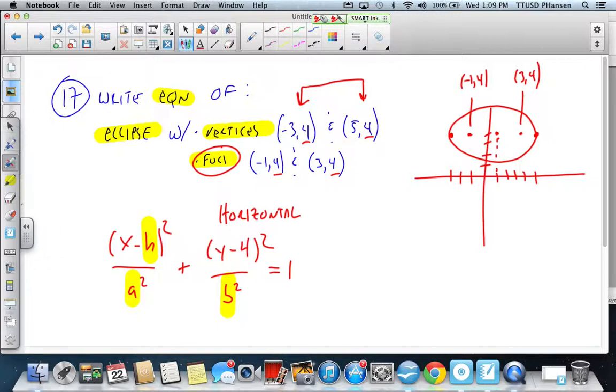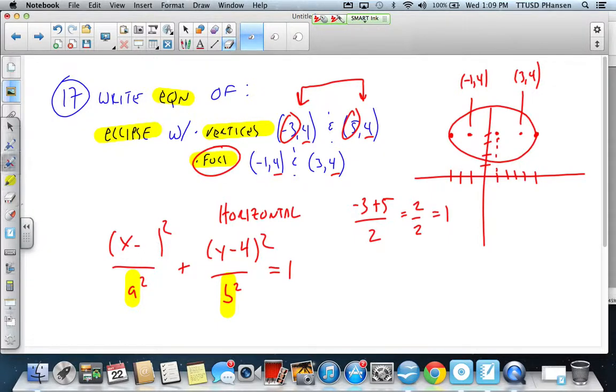And then, how do I find halfway between the two x values, -3 and +5? I could add them and divide by 2, or I could just count from a picture. That gives me 2 over 2, which equals 1. So I just figured out that the center is 1, 4.